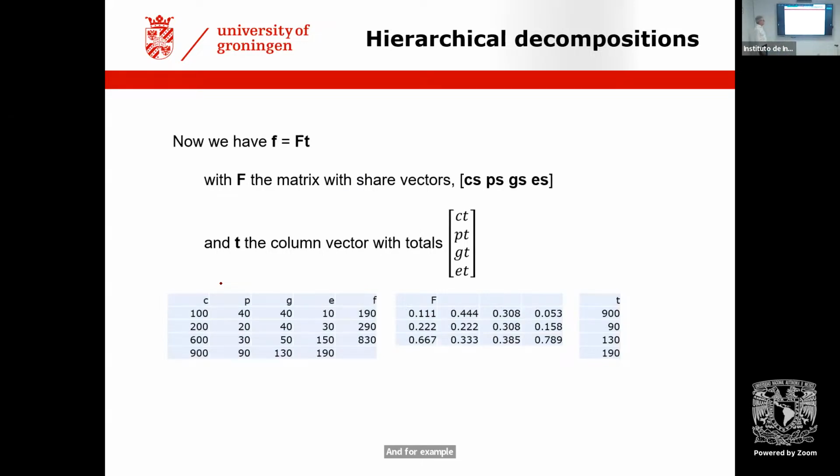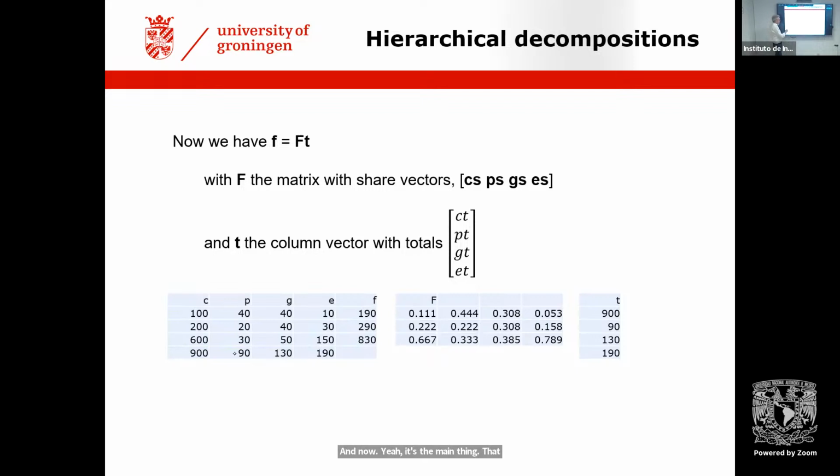So here is a simple example. We have a vector of consumption, a vector of private investments, government expenditures, and exports. This is the total final demand. And this row gives you the totals: CT, PT, GT, and ET. Now, F is the matrix with shares.